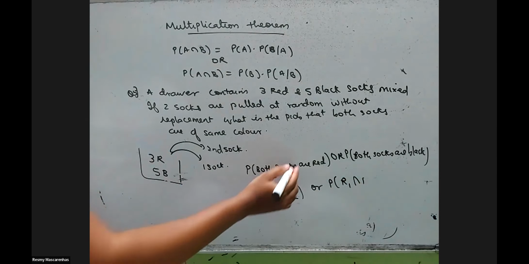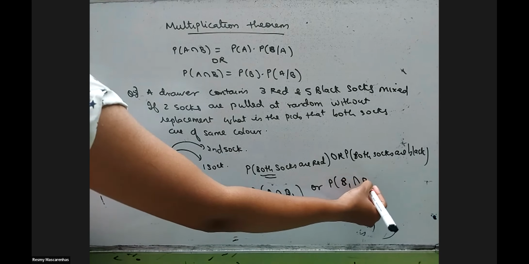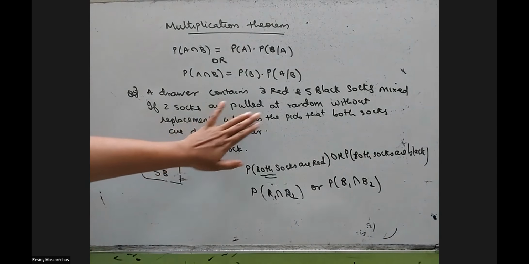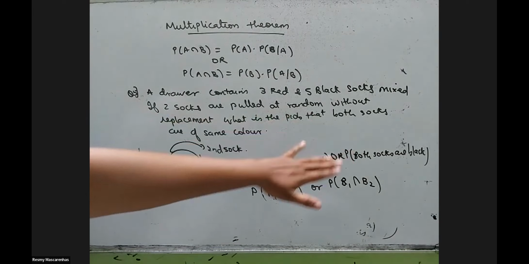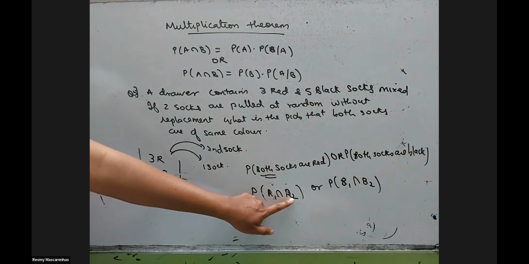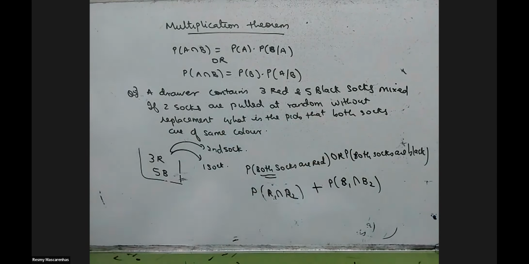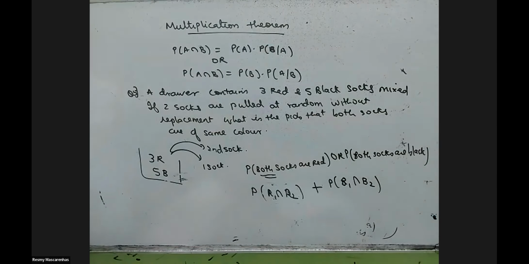Both are red and here both are black. So the question is, what is the probability both are the same color? They can either both be red or both be black. First one red and second one red, or means plus. Or in probability is always plus, and means multiplication, this intersection sign. So this is what is asked.